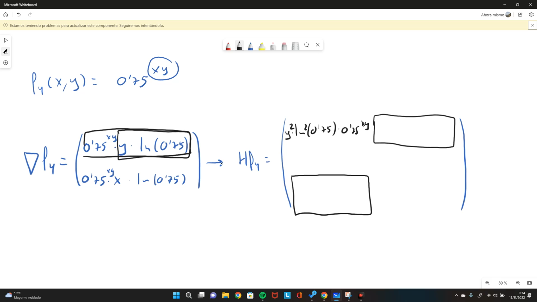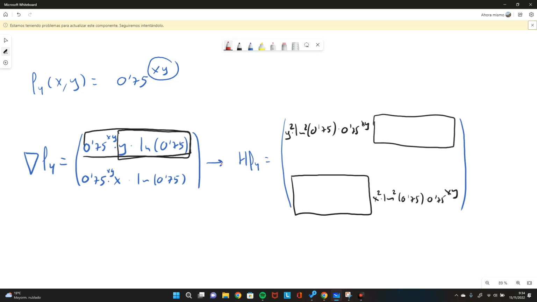Yeah, and so that is it. What about here? Well, pretty much the same. So we actually perform the derivative of this thinking of y, it's going to be the same. X to the power of 2, natural logarithm to the power of 2 of 0.75 times 0.75 to the power of xy. Yes.